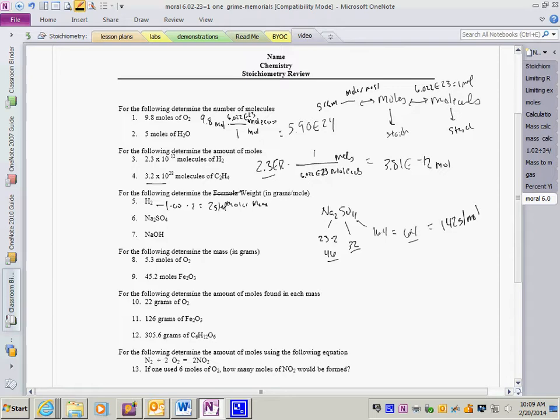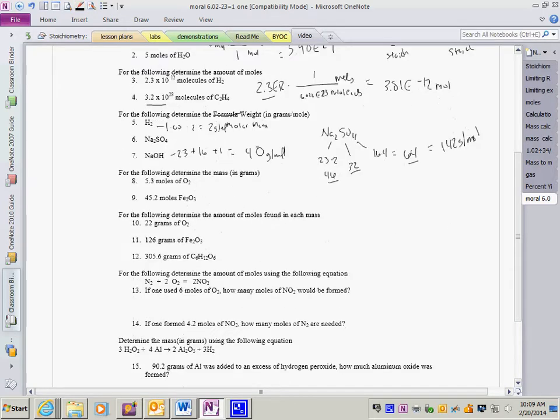NaOH, sodium is 23 plus the 16 for the oxygen plus the 1: 6, 7, 8, 9, 10, carry the 1, is 40 grams per mole. Determine the following mass in grams. So we're just going to flip my moles to my grams. Now 3.3 moles, get rid of moles and go to grams.